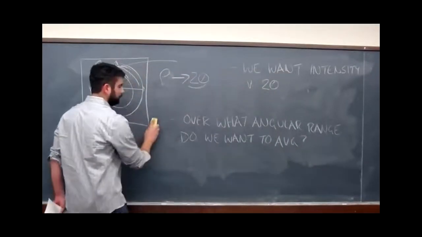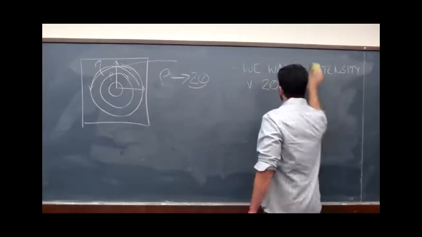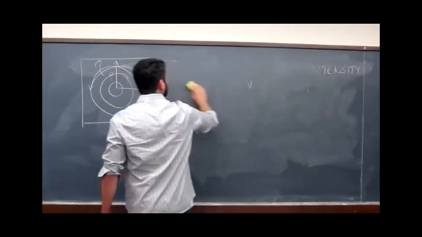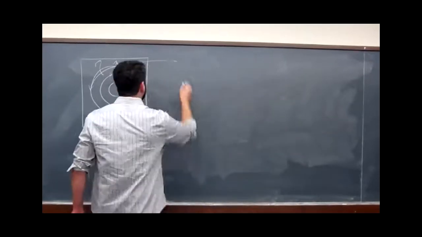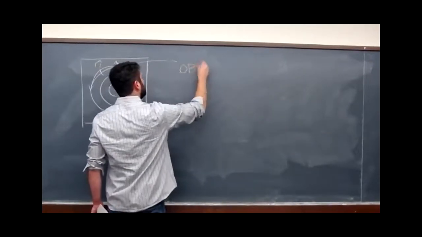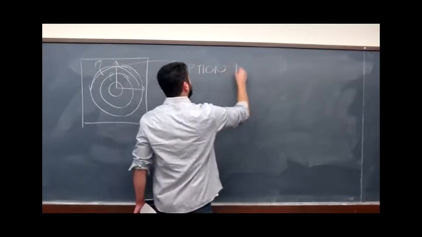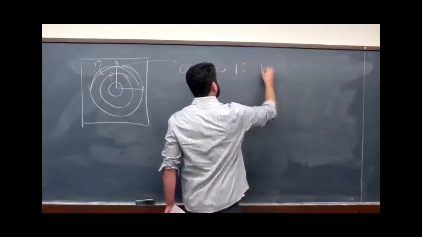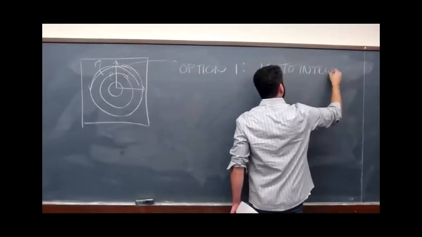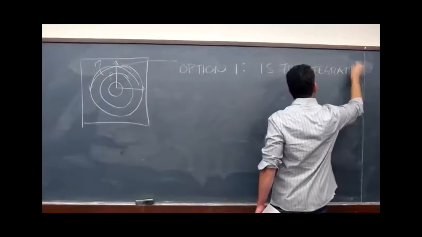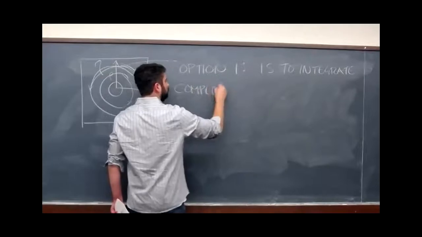So our first option, Option 1, is to integrate completely around the ring.